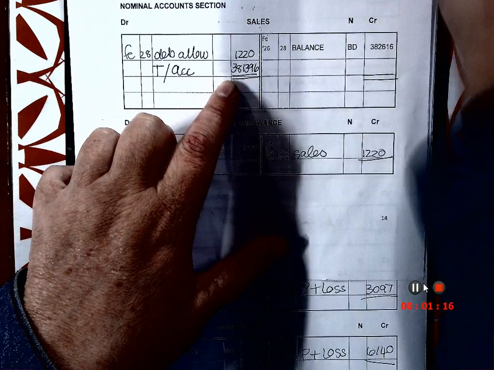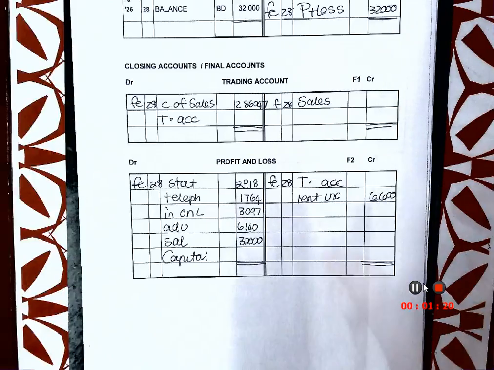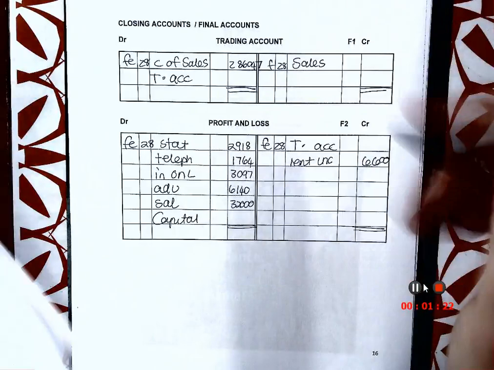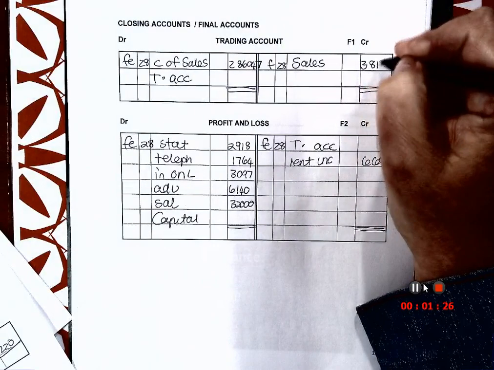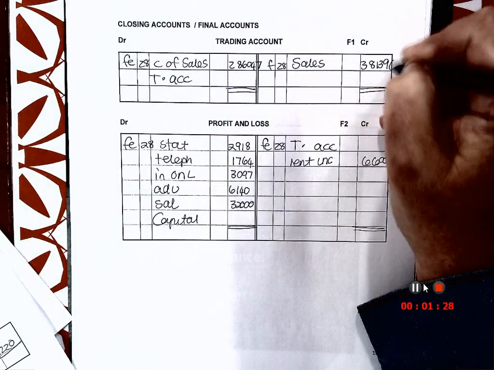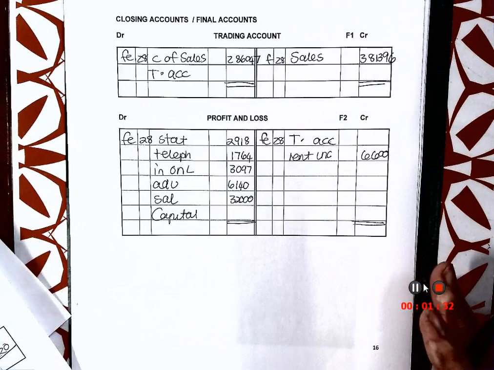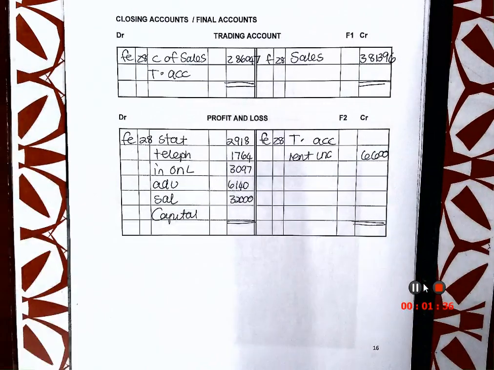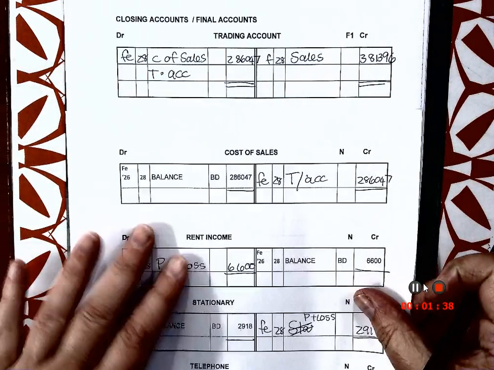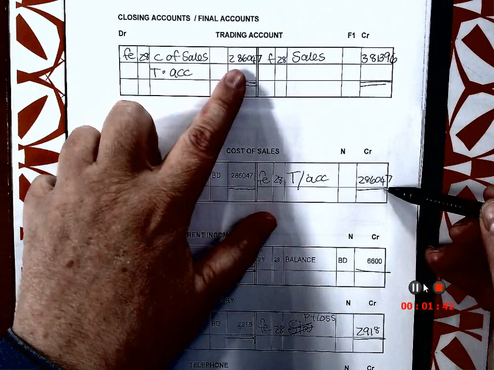And I'm going to transfer that to my trading account. 381396. Okay, now next step, I'm going to close cost of sales to the trading account. There we go.